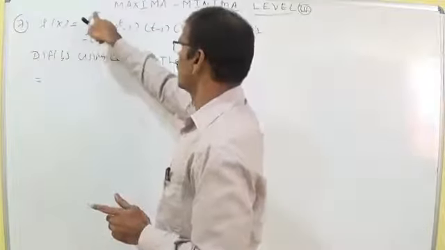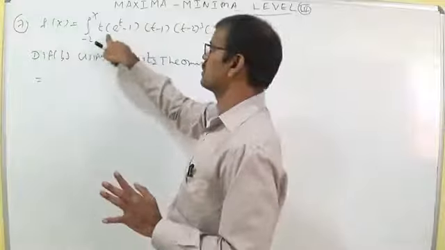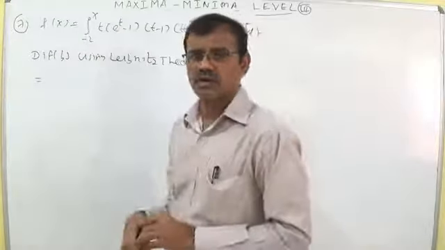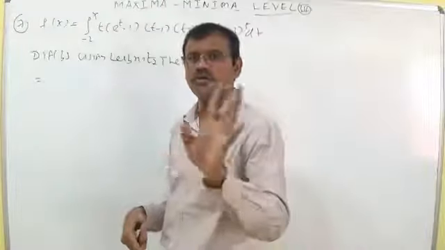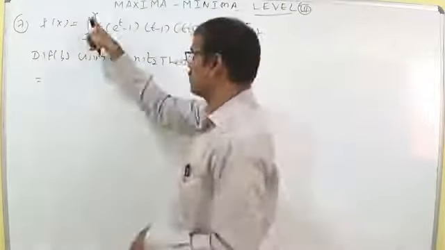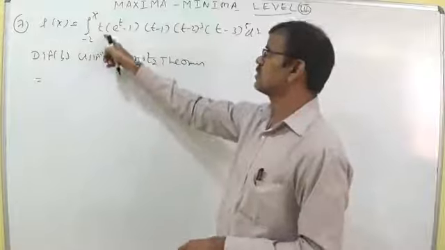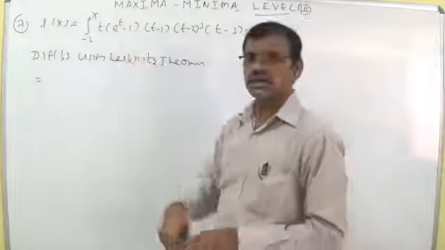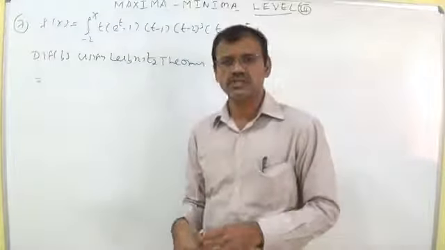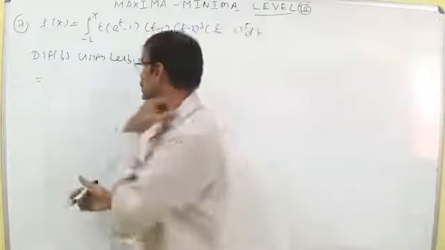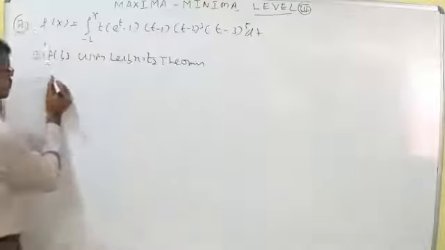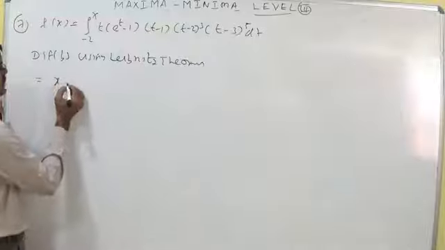Whatever the value of the upper limit is, simply substitute the value and calculate the derivative of the upper limit. Derivative of x is 1, so no need to calculate, simply write 1. Instead of t you can substitute the value x. Later minus, substitute the value 2 here and calculate the derivative of 2. What is the derivative of 2? It is 0, so no need to write that. That is why I am saying simply substitute x instead of t.